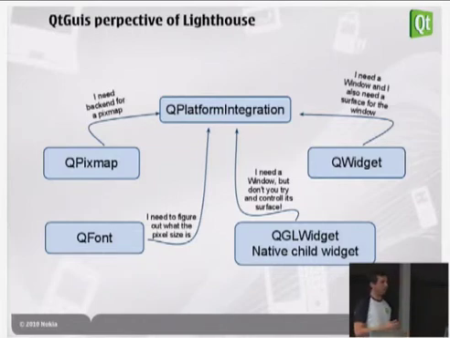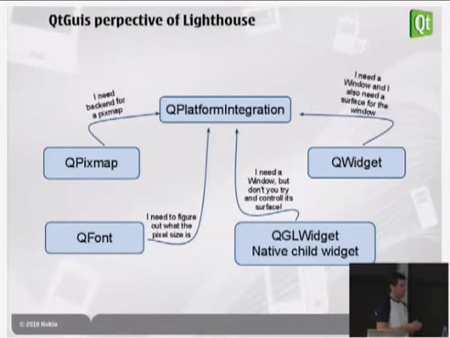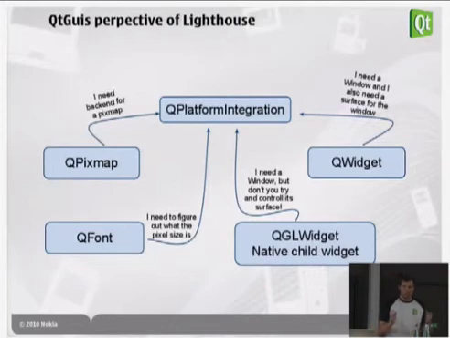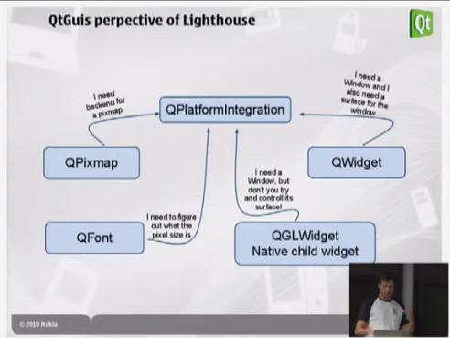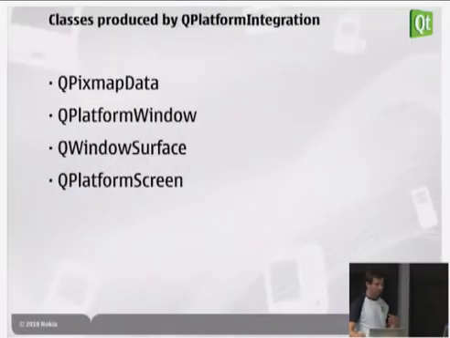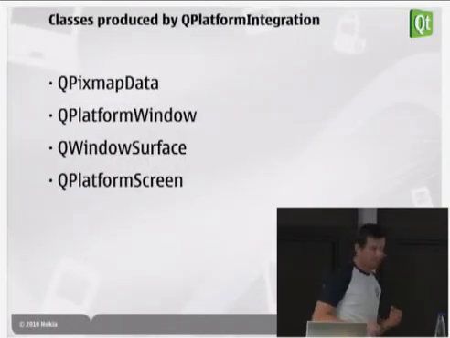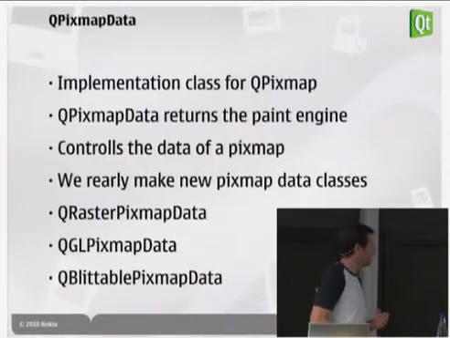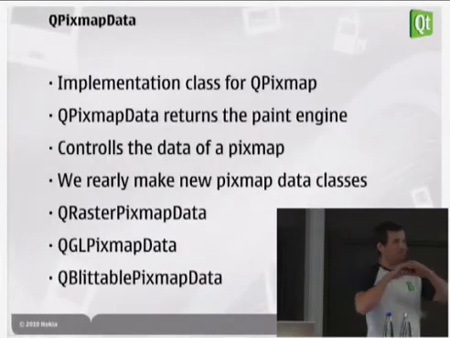But then the platform window, we ended up having a really, really long, weird discussion about platform window versus window surface. Is it one class? Is it two classes? Blah, blah, blah. And the platform screen is the representative of the display.